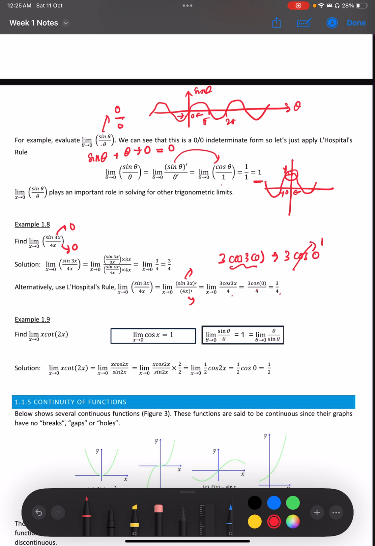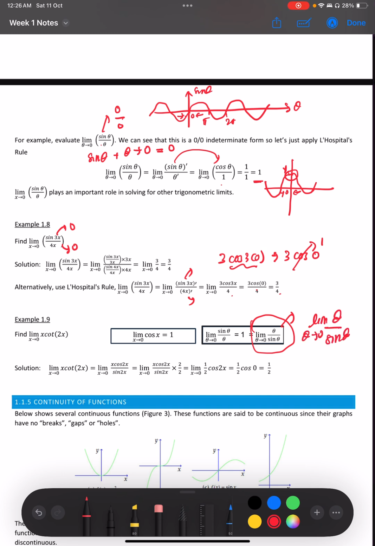All right. So if we have the limit of sine theta divided by theta, and theta is approaching 0, the answer will be 1 as shown in this example. The same goes for the limit of theta divided by sine theta, theta approaching 0.